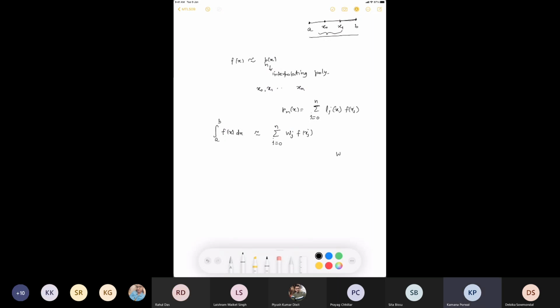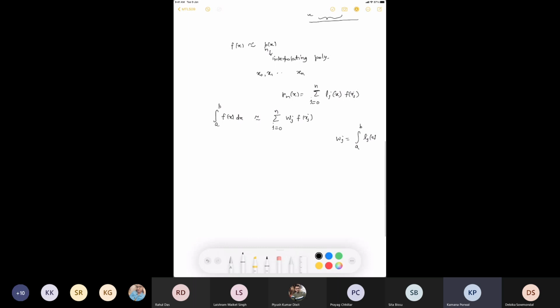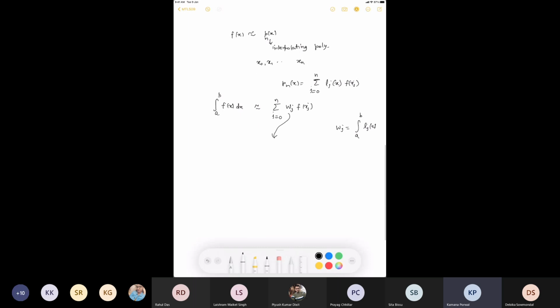And you can realize these w_j's are nothing but the integral of L_j(x) over the interval [a, b]. These w_j's are called the weights.